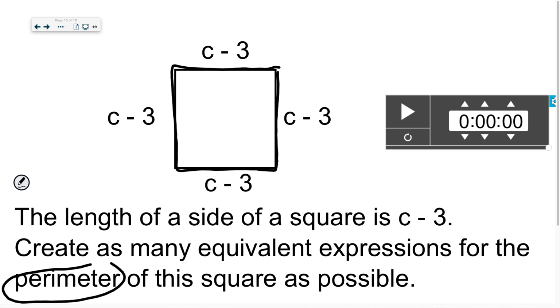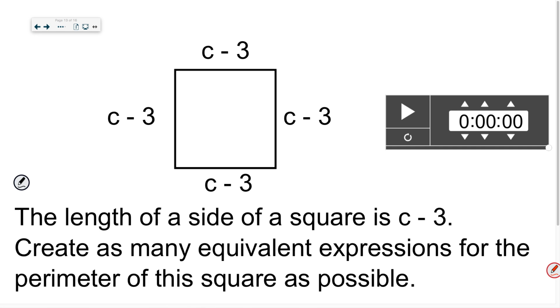Alright, let's go over what we got. Guys, what do you got? Some of you did this. Is that actually one side plus the other side plus the other side plus the other side?